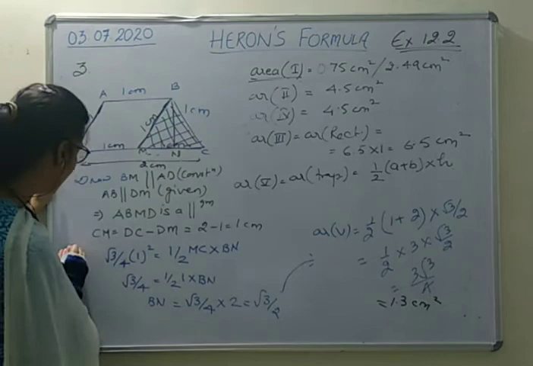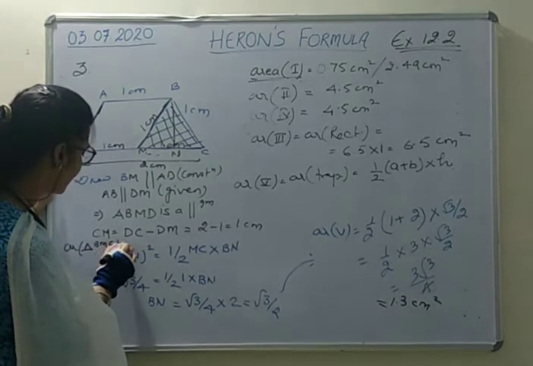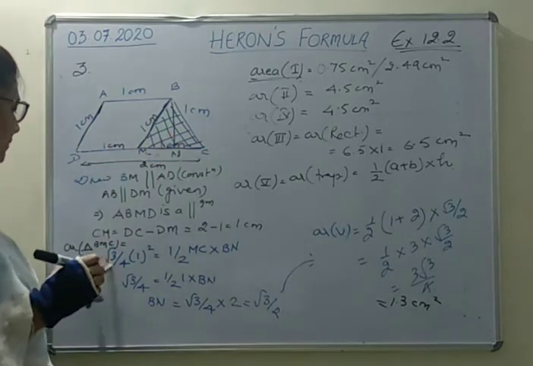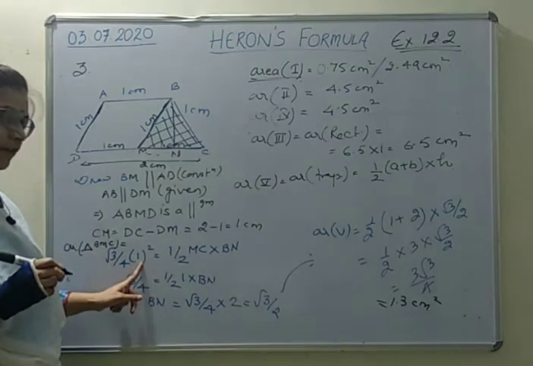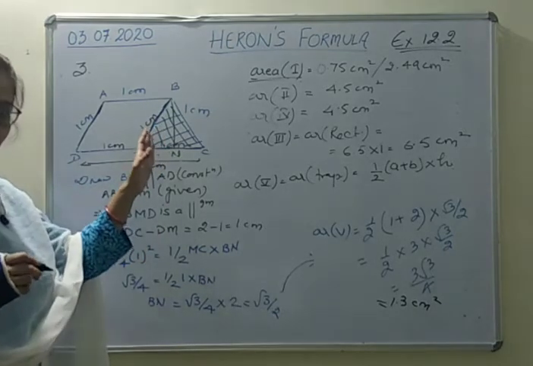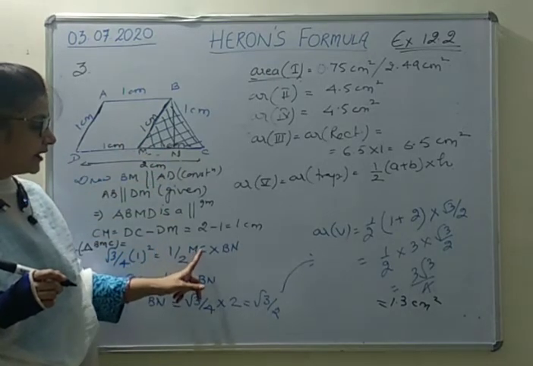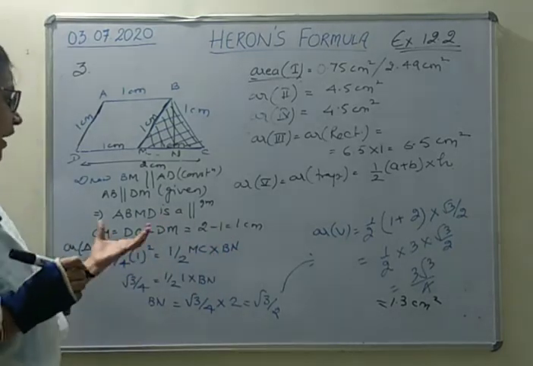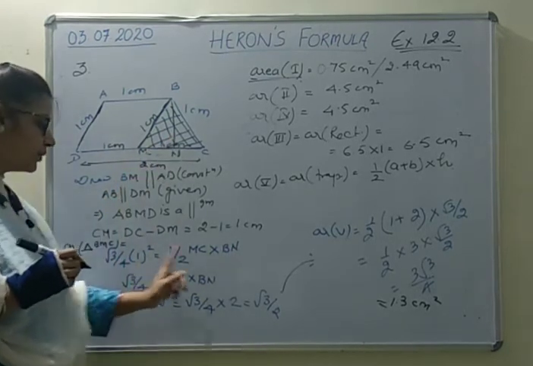Now what will be the area of triangle BMC? Area of this triangle BMC, this is an equilateral triangle, it will be √3/4 a square. तो √3/4 1 square. और अगर हम इसी ट्राइंगल का एरिया हाफ B into H से निकालें तो क्या हो जाएगा? हाफ CM into BN, बेस into हाइट. अब ये दोनों क्या है? इसी ट्राइंगल का एरिया है, तो ये दोनों क्या होंगे?